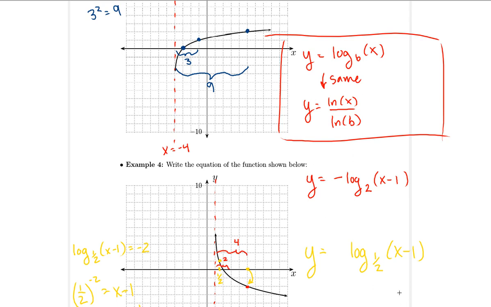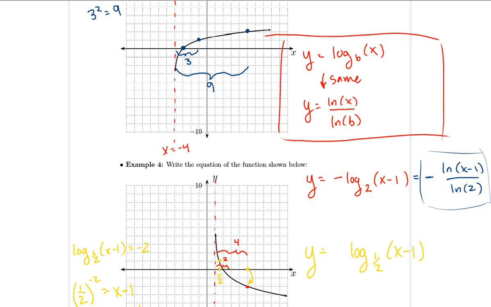So if I wanted to check to see if I was accurate down here, what I would do is I'd say, okay, keep that negative sign. And then I would say the natural log of x minus 1 divided by the natural log of 2. Okay, so the natural log of what's inside divided by the natural log of the base. So if I plug that into the calculator, then I should end up with this same exact picture.